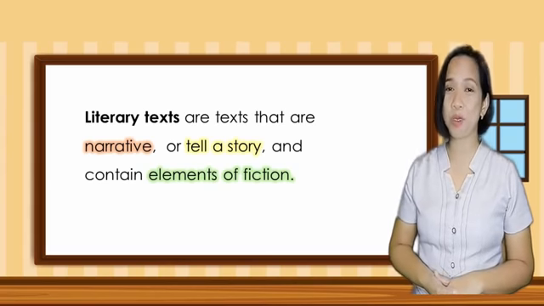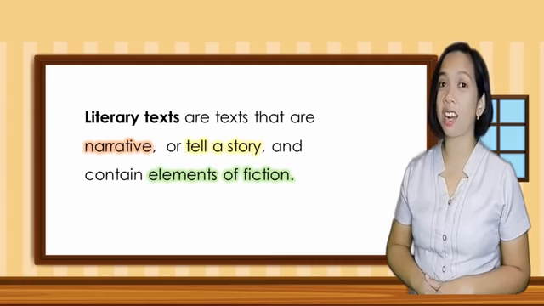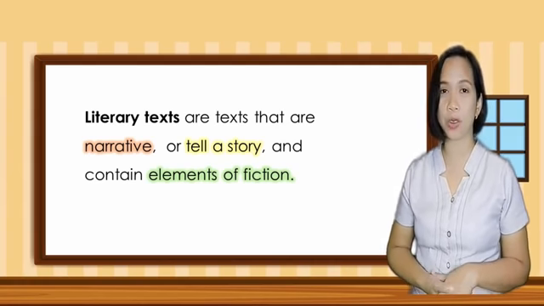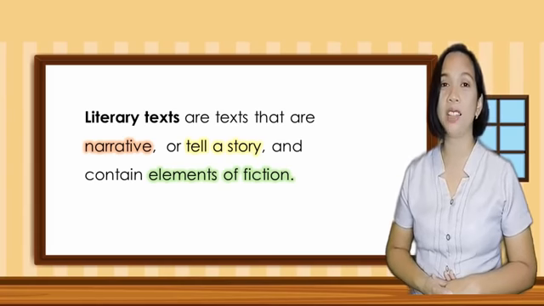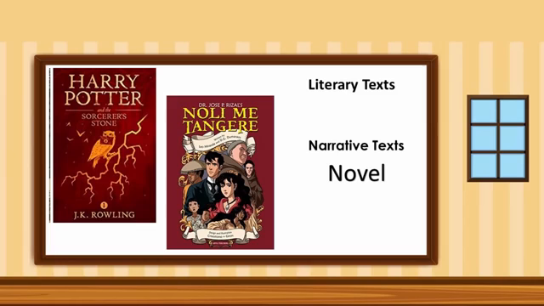Now let us move on to literary texts. Literary texts are texts that are narrative or tell a story and contain elements of fiction. Here are some examples of literary texts. Narrative texts like novel. Examples, Harry Potter and Noli Me Tangere.